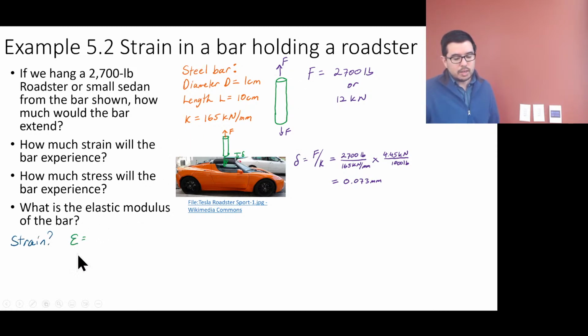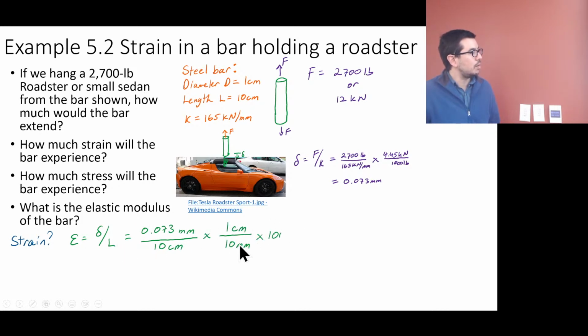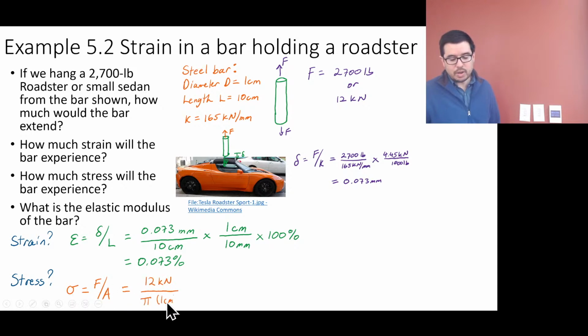So strain is essentially how much displacement we have over the initial length. That's the 73 microns, and we said that the length of the bar was 10 centimeters. So the strain ends up being 0.073%. Stress is force divided by area.